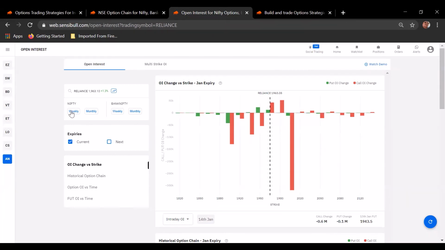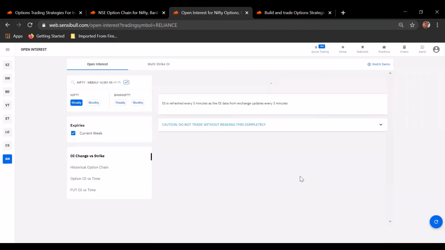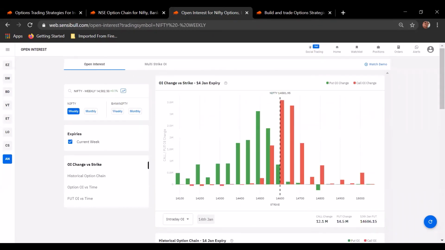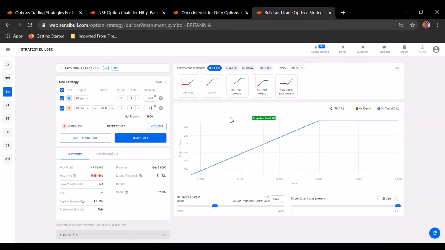That's what is most important, because the change in the data tells me whether the market is going up or down. And finally, of course, the strategy builder will tell me what strategy I should pick up, and what the potential profits or losses are when I take a futures hedging option or a strangle.